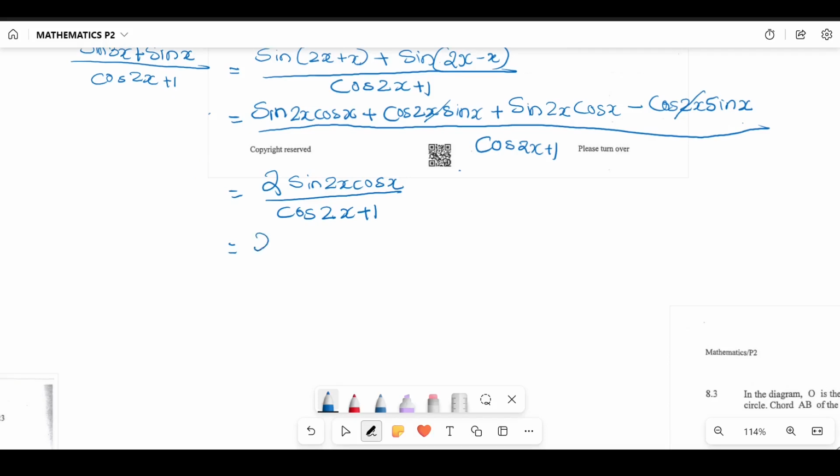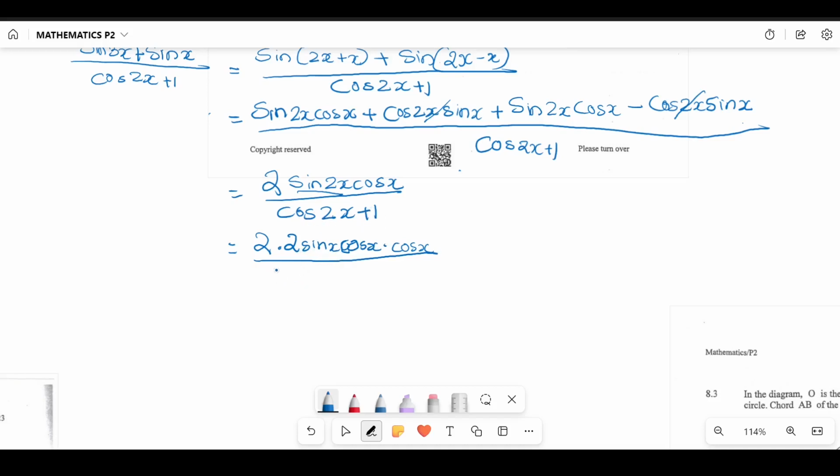That will give you 2 times, sine 2x alone is 2 sine x cos x, times another cos x that is still there, divided by, also let us simplify, because now there is no 2x on top, so let us use the formula.